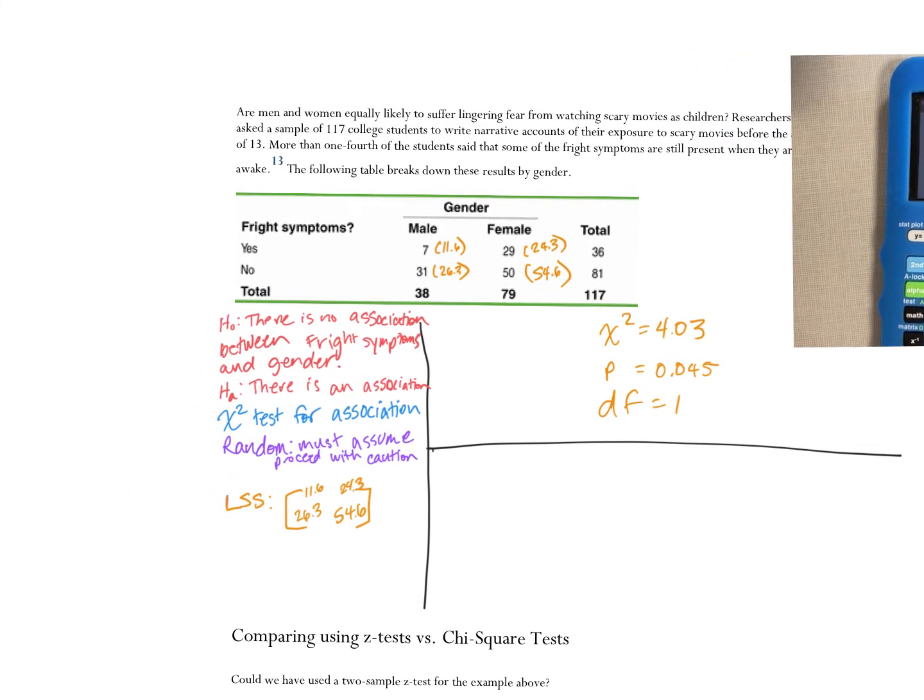How did we get that 11.6? What did the calculator do to get that? Okay. And what it did, it said, is that people answered yes 36 out of the 117 times. And so the way we calculate that value is assuming that the null hypothesis is true. And that's how we do that for this particular test.